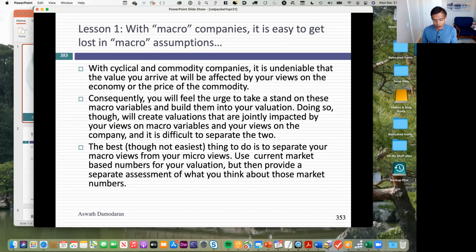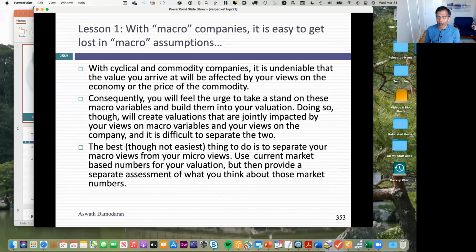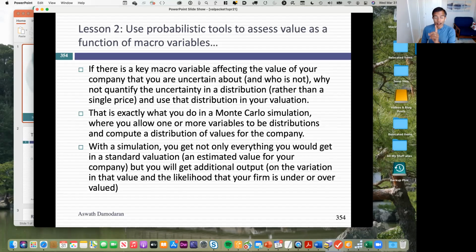And I'll use a company that I valued a couple of years ago to illustrate this process. And incidentally, this is one of those places where I've talked about Monte Carlo simulations before, where I find Monte Carlo simulations get my anxiety level down. They make me feel more comfortable with the valuation, especially because the variable that I'm most concerned about is commodity prices.